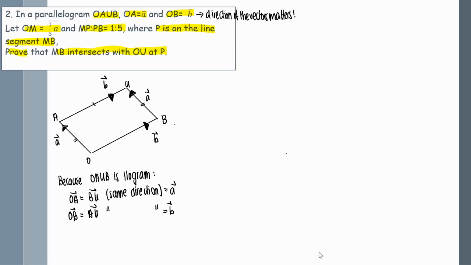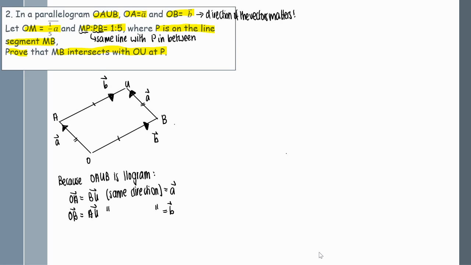Let's look at the second part of the problem. It says let OM equal 1/5 of a, and MP to PB is the ratio 1:5, where P is on the line segment MB. Now, this is a little confusing. So let's start at the beginning.